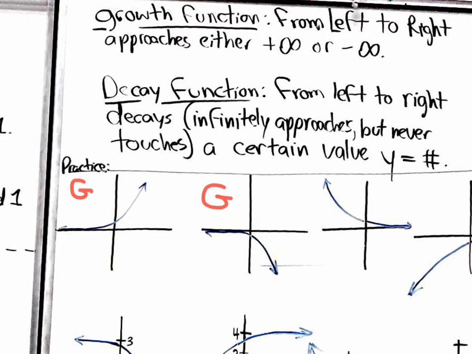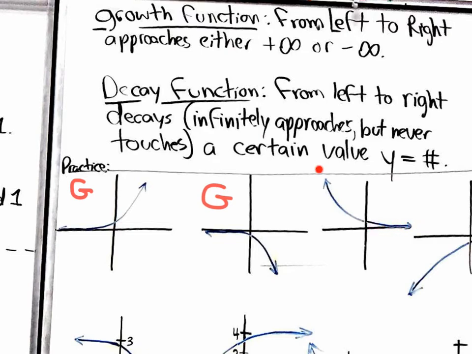Now, if we take a look at this next one, a decay function from left to right decays, which means infinitely approaches but never actually touches a certain value like y equals a number. So this one, from left to right, you're way up here, and it's getting smaller, smaller, smaller, and what does it do? It curves off, and it looks like it infinitely approaches a certain value, and that certain value is y equals 0.